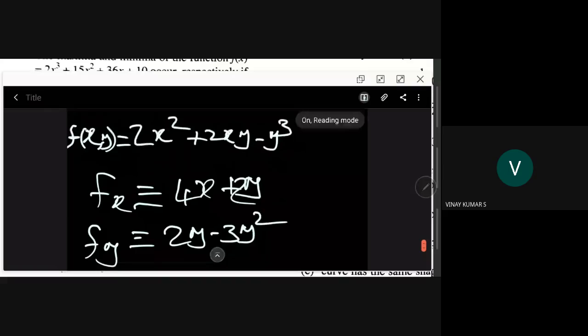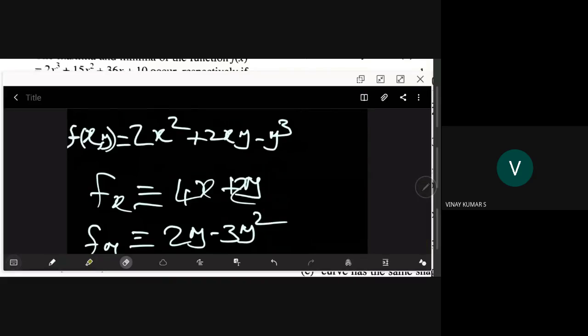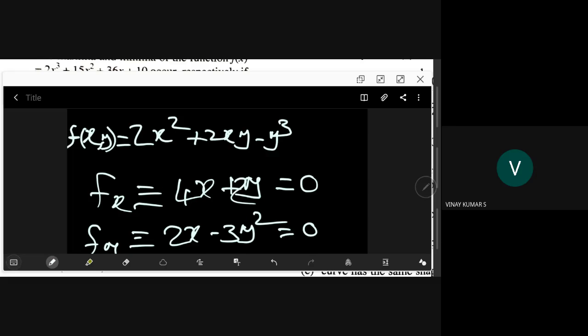And fx is correct, 4x plus 2y. So this is equal to 0 if I take.